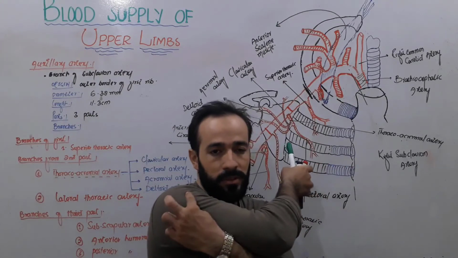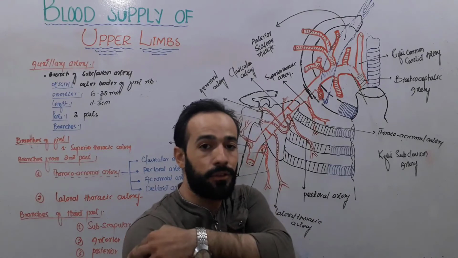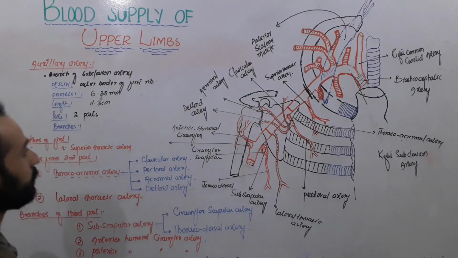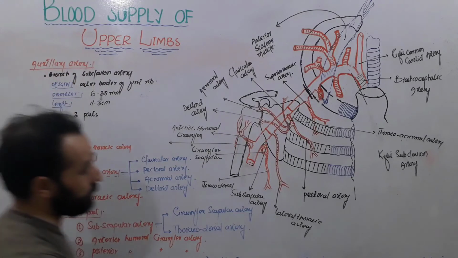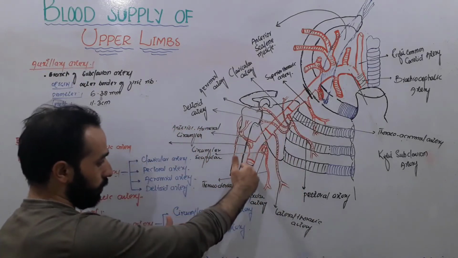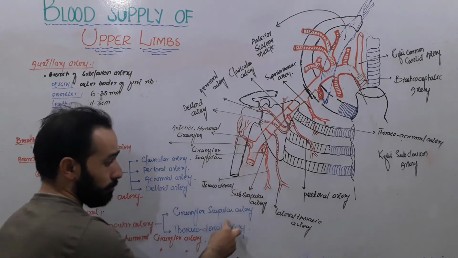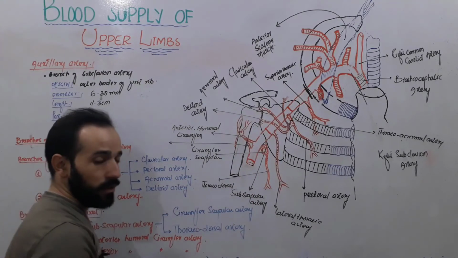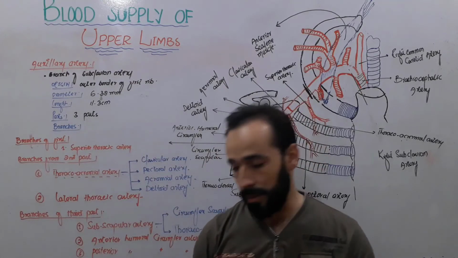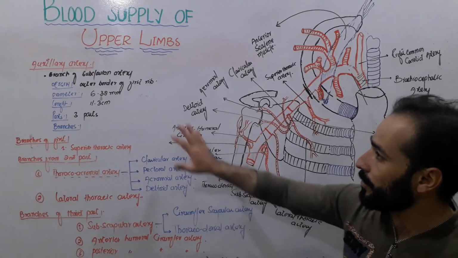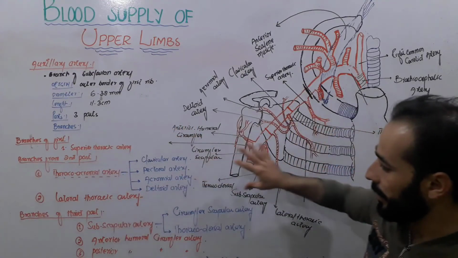So this is the posterior circumflex, and from here the anterior circumflex artery. So my dear friends, these were the branches of the axillary artery, and moving forward, we will make this axillary artery the brachial artery, and then move towards the last parts of the upper limb. So dear friends, this was about the axillary artery and its branches.